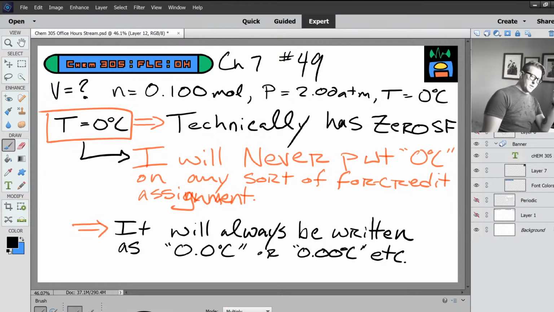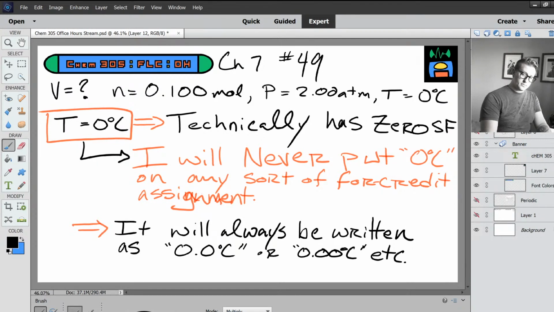Because when you see 0 in a problem, you're like, that has no sig figs. So then how do we convert it? Add 273, but how many sig figs should the answer have? And it's hard to know, right? So I totally don't fault you if you found that confusing, because it is confusing and it's sloppy of the writers of the book. I believe those are called authors.